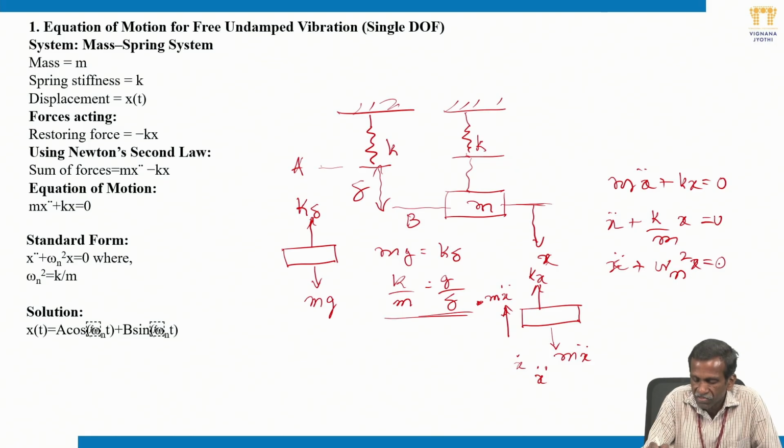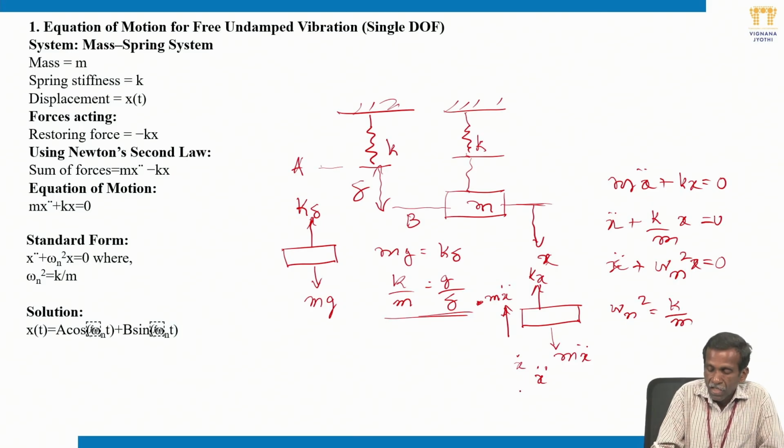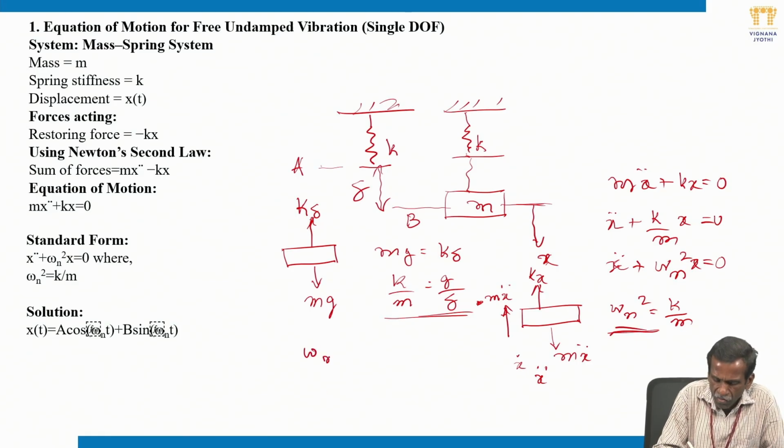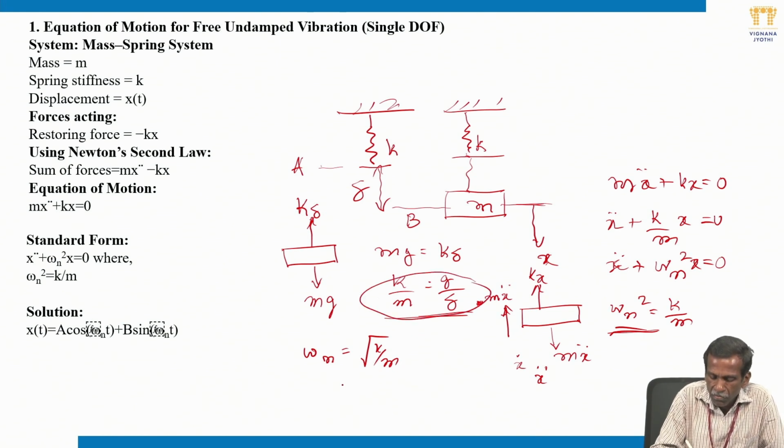Why we are writing omega n squared is because we have defined it as k by m. So omega n is root k over m. From this you can substitute root k over m as root g by delta.